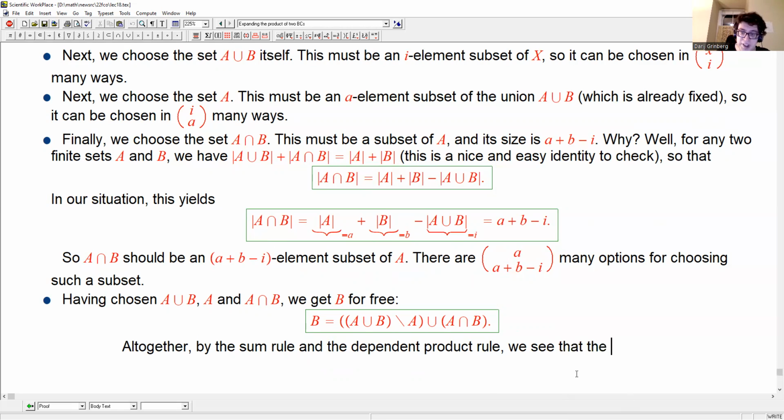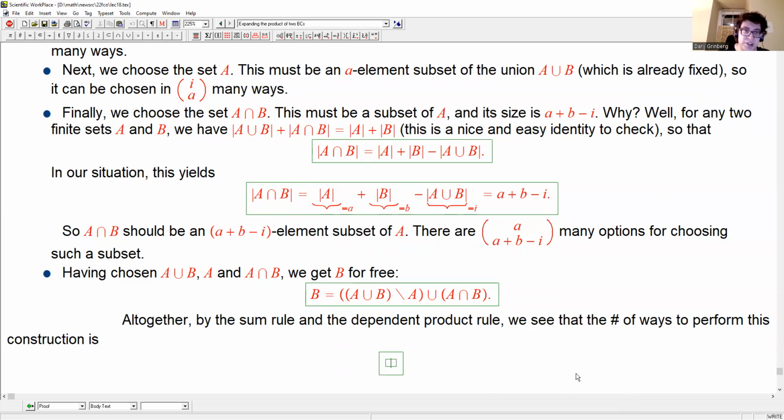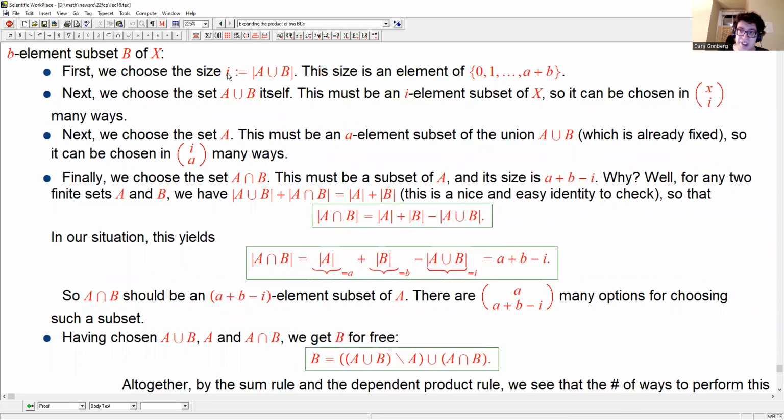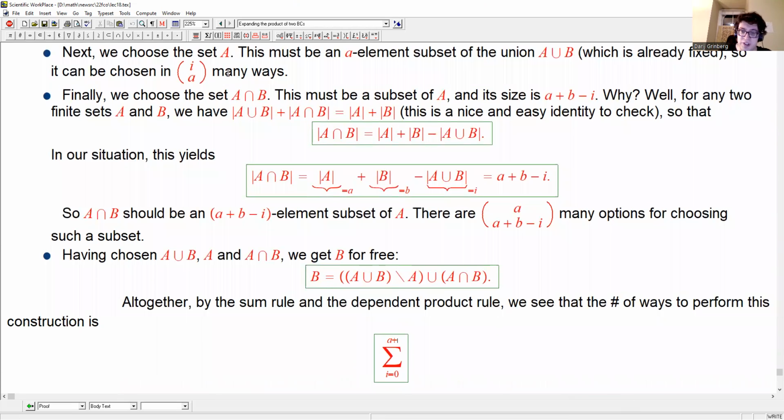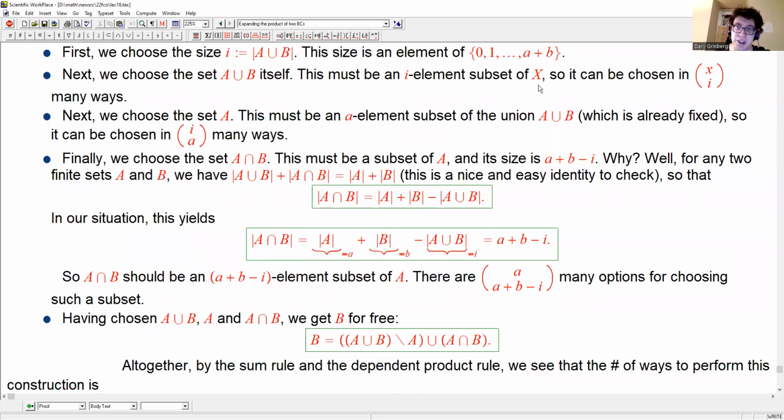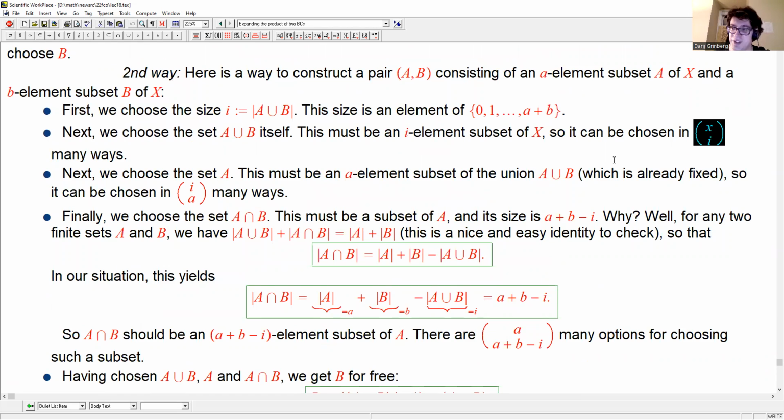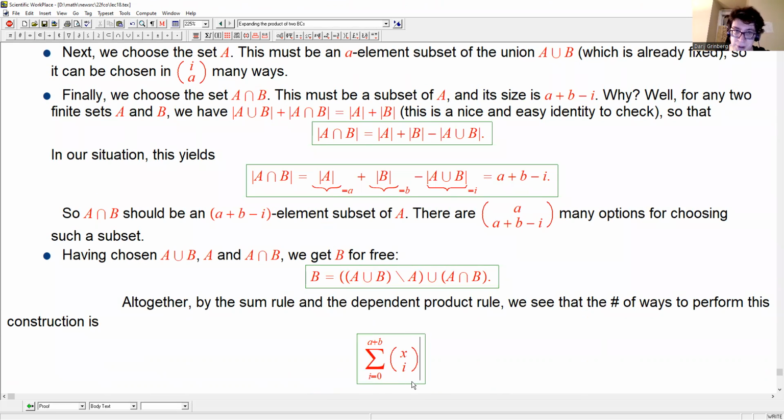So we see that the number of ways to perform this construction is, so first we choose the size, and everything else depends on the size, so we have to take the sum. Next we choose A union B, and we know already we have this many ways. Next we choose A in this many ways, and finally we choose A intersect B in this many ways.